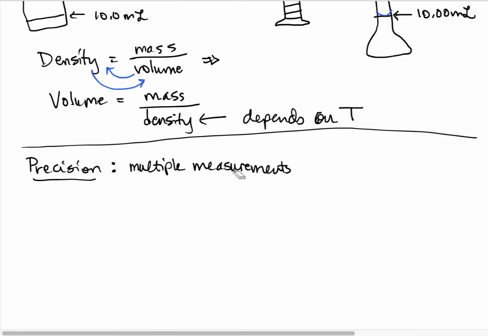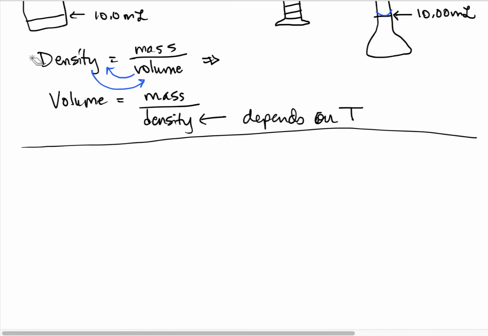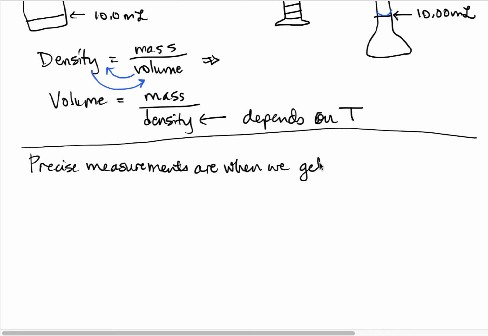To be precise, measurements are when we get the same answer every time, or the same measurement, I should say. So the closer they are together, the more precise they are.